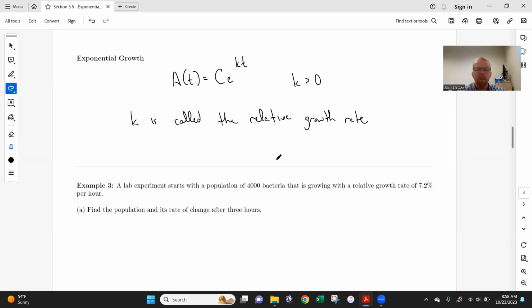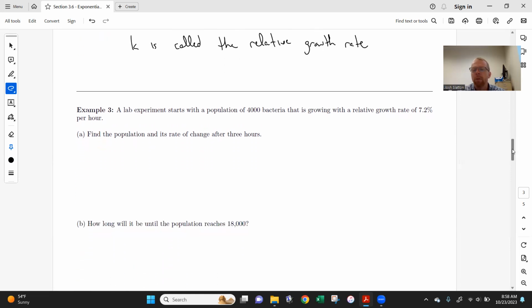A lab experiment starts with a population of 4,000 bacteria growing at a relative growth rate of 7.2% per hour. Find the population and its rate of change after 3 hours. Of course, rate of change is going to tell us that we need to find the derivative. So let's write our formula. A of t is 4,000 e to the 0.072 t.